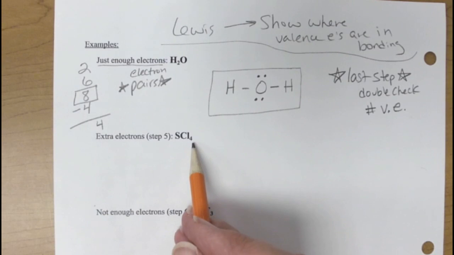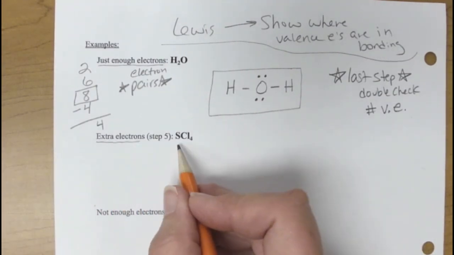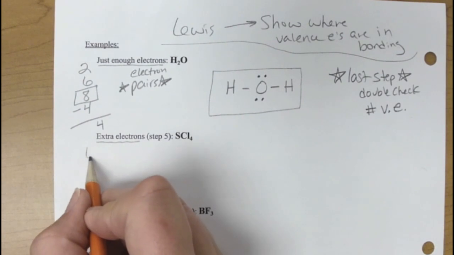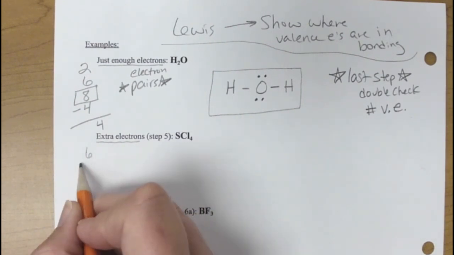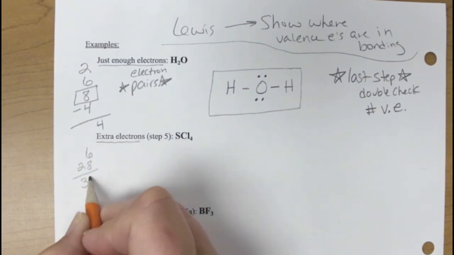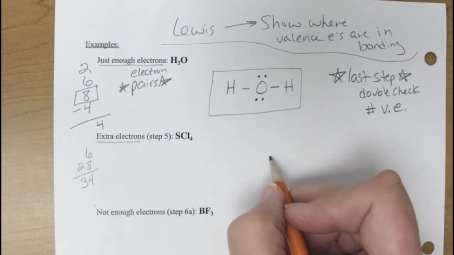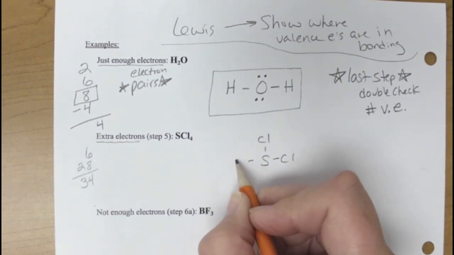In this one here, we're going to show what happens when we have extra electrons. So sulfur has 6 valence electrons. Chlorine has 7, and 7 times 4 is 28. So we have 34 valence electrons. We're going to draw our skeleton structure.